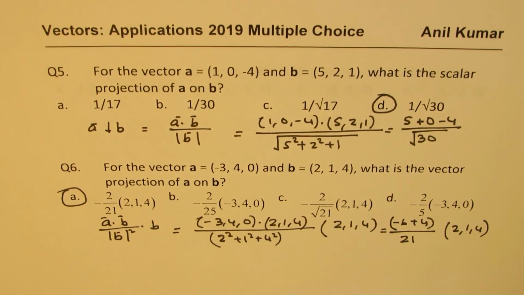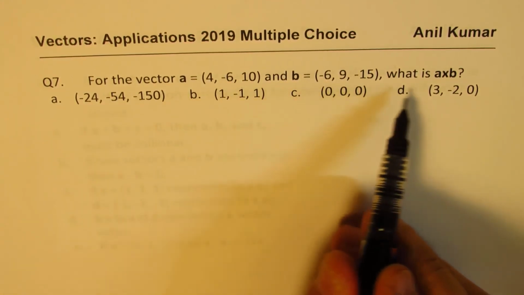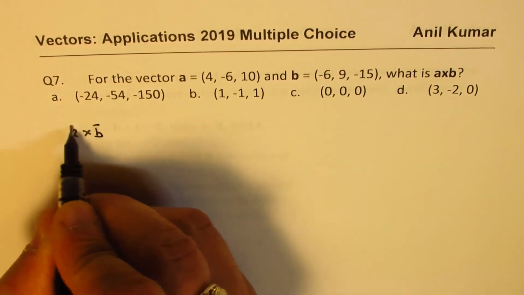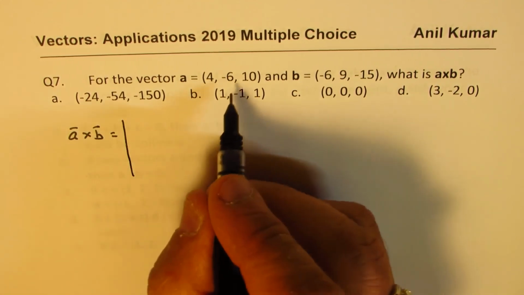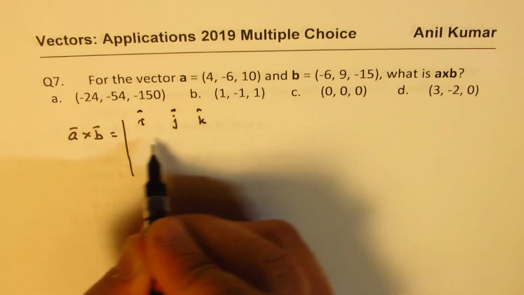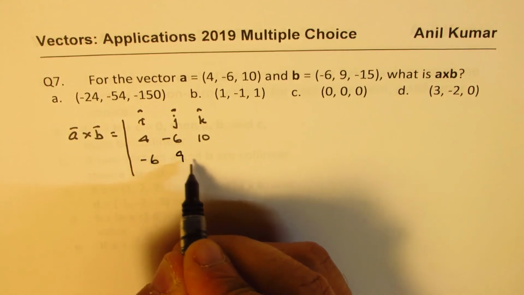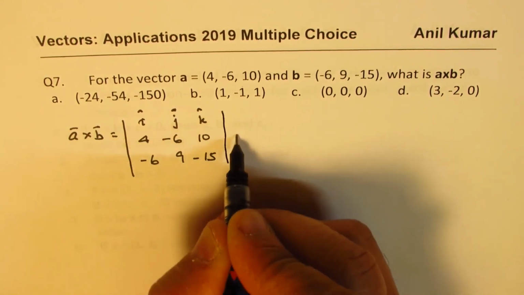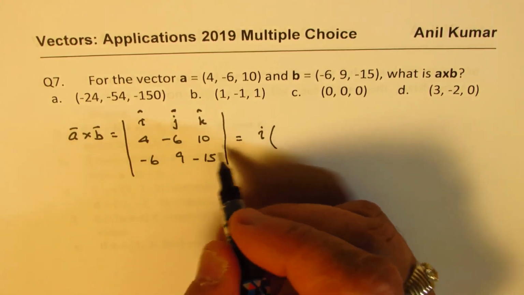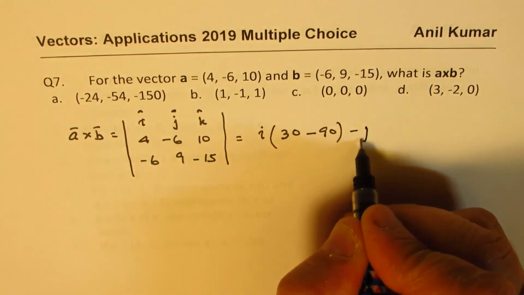Correct? Let's move on and take the next question, number 7. For the vectors A and B, what is the cross product, right? So let's find the cross product, A cross B. You can use the matrix form. So you have I, J, K. A is 4, minus 6, 10, and B is minus 6, 9, minus 15, correct? So we get I, that gives you 90, right, with a positive sign, minus 90, so that is 0.